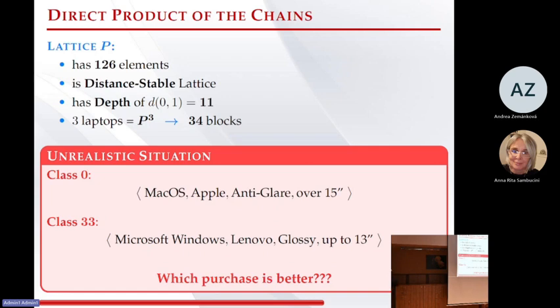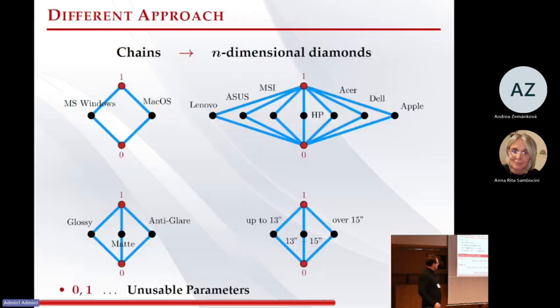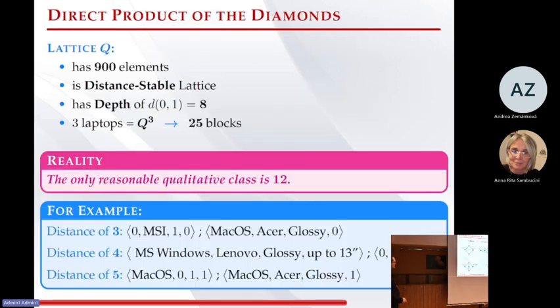Okay, we have a problem. That means that instead of chains, we use n-dimensional diamonds where these parameters are incomparable. And moreover, 0 and 1 are unusable parameters. So we don't want laptops with these parameters.